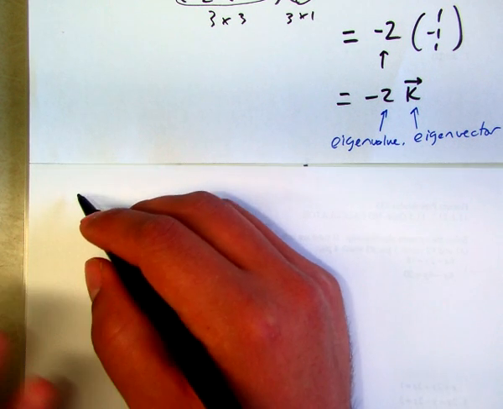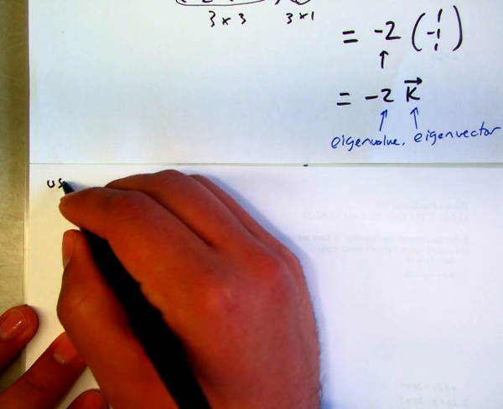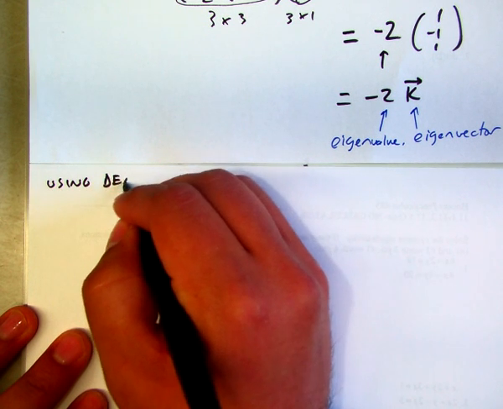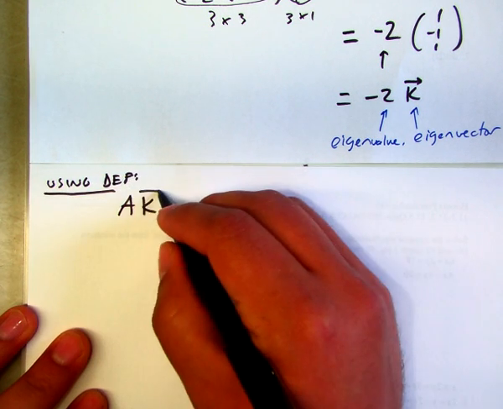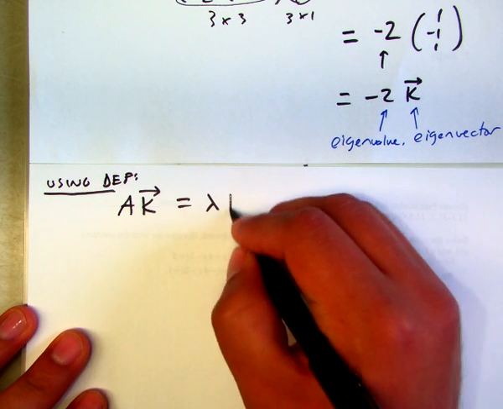So, just using some matrix algebra properties. Let's go back to the definition. So, using the definition that A times the eigenvector is equal to some constant times the eigenvector.